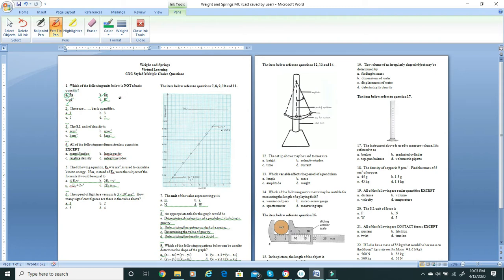The basic quantities are: you have mass, length, temperature, time, current, amount of substance, and then luminosity.